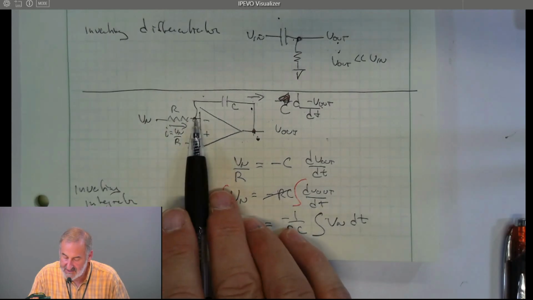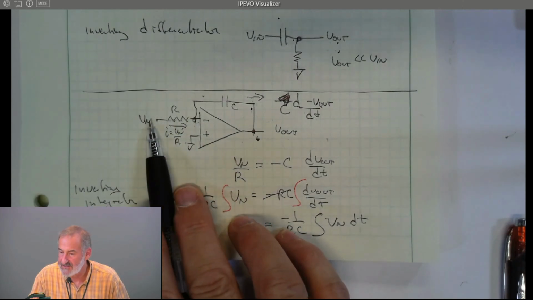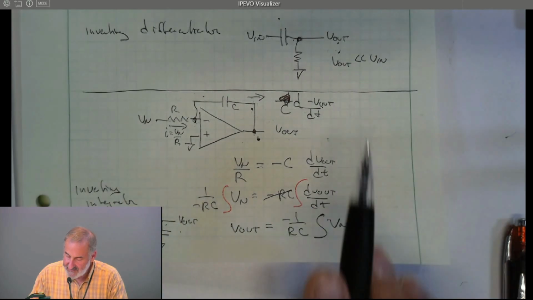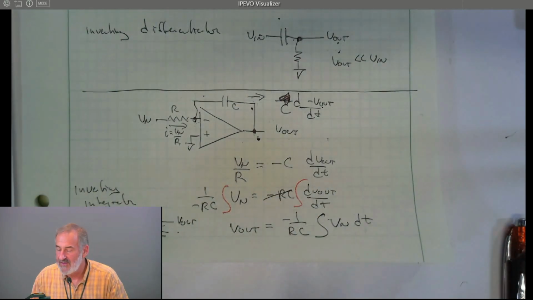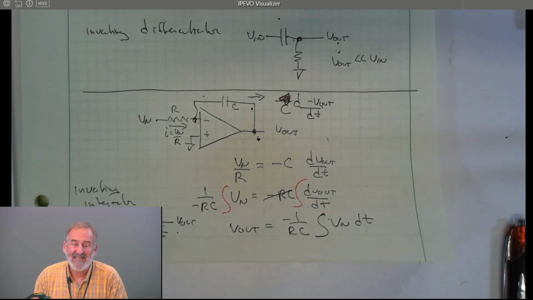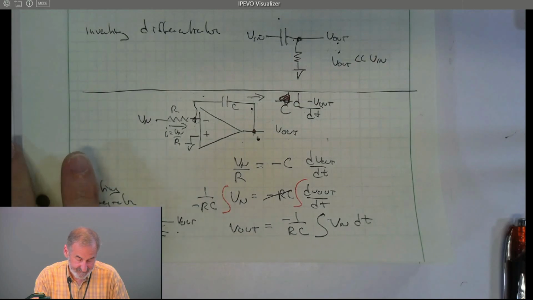The current through this resistor is always a function just of Vn. All right, so we have a differentiator, we have an integrator, and both of them are improvements on the simple RC because the op-amp feedback solves our problem of keeping the voltage across the capacitor dependent on only one voltage and not on both the input and the output.